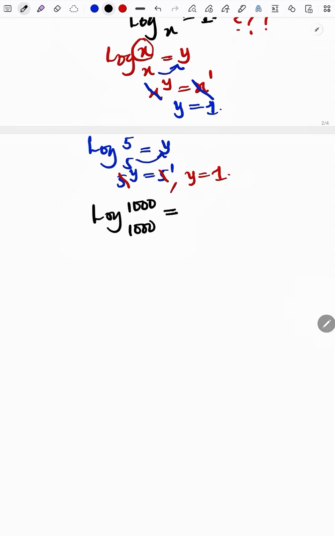Let us assume it is equal to k. Converting it to its indices form, this becomes 1000 raised to power k is equal to 1000 raised to power 1. Equating bases, k is equal to 1. So it is safe to conclude that log of the same number to the same base would always give us 1. Please keep this at the back of your hands because we'll be needing it a lot for this logarithm theory.